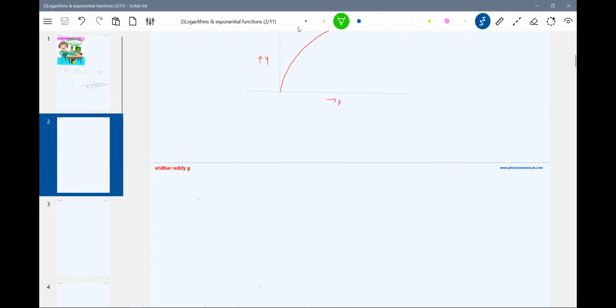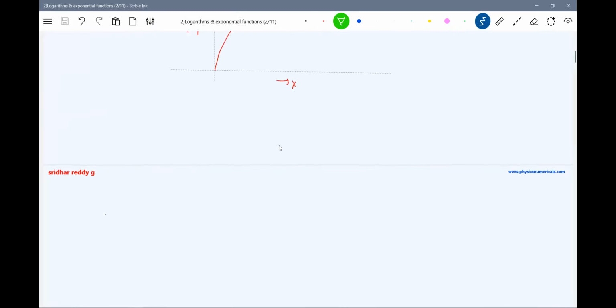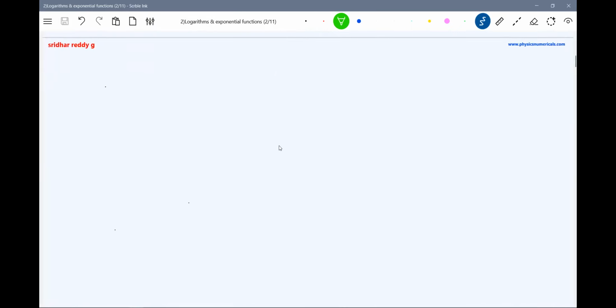So when I go for the logarithm graphs, let me continue here. Let's go for the plotting of logarithm graphs. First we'll plot the logarithms of various functions. So e to the power of x, I'll plot it. I need one more line. I'll extend this line further.